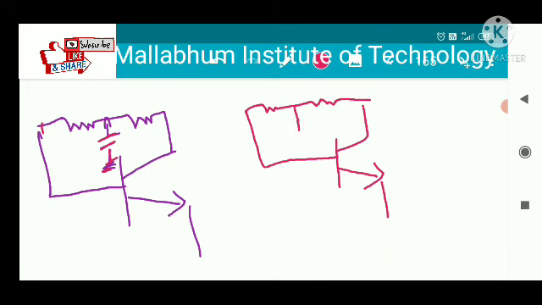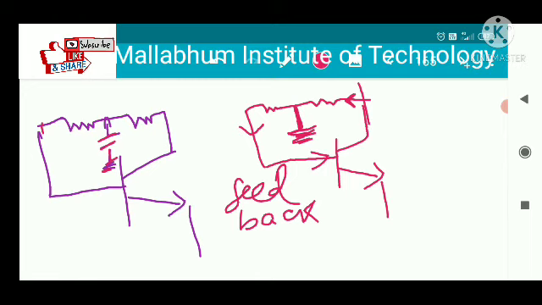This will be a short circuited path. So whatever current or signal is coming through here goes into the ground terminal. So no signal is going into the base terminal as a feedback value. Just understand this point.